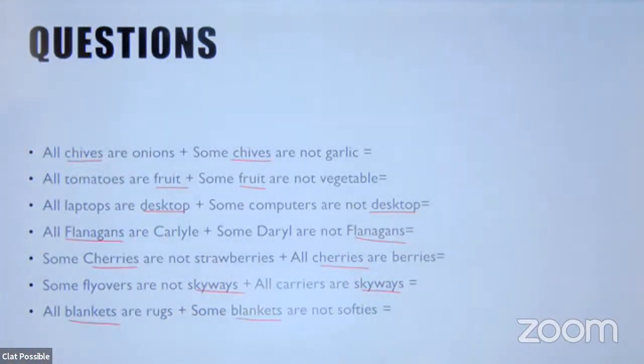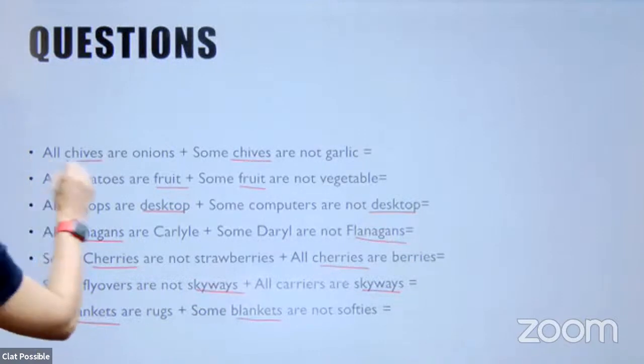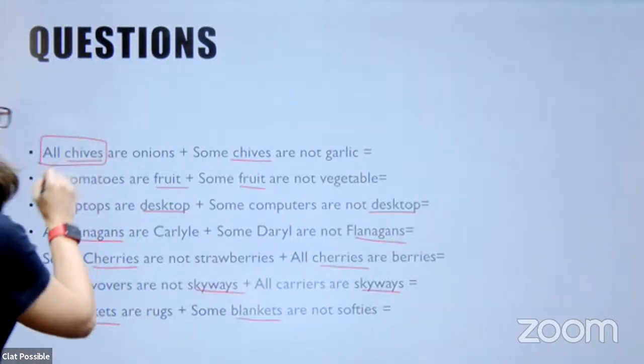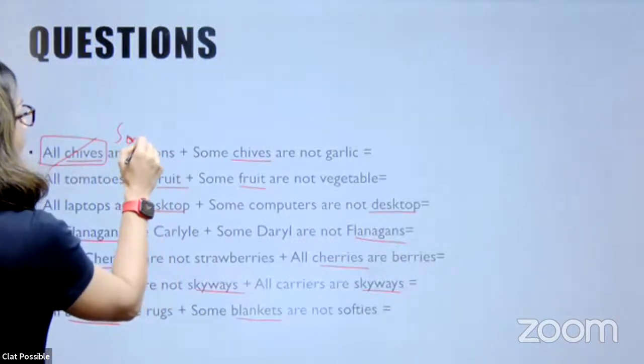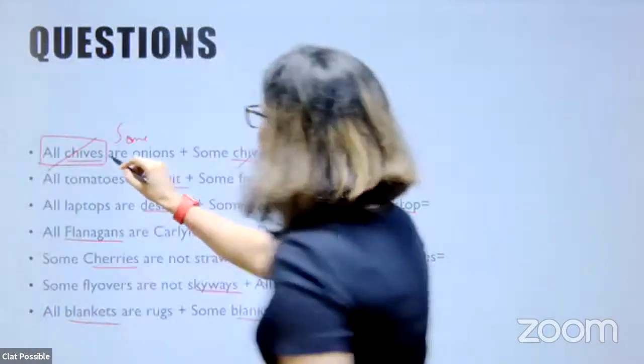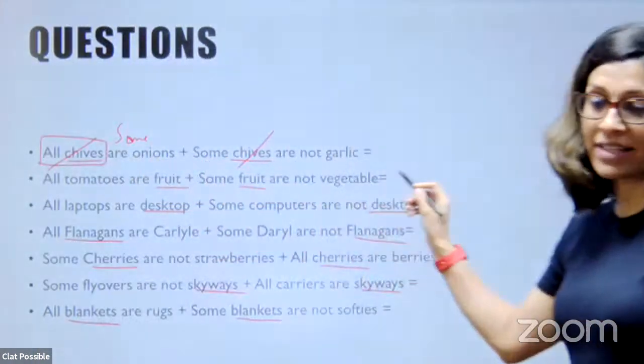Yes, so the only thing is we have to check for two positions, right? So if the middle term is written with all, that means we are going to get an answer. I eliminate this, write some here, eliminate this, and my answer is as clear as the nose on your face.